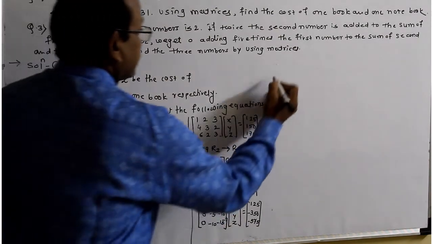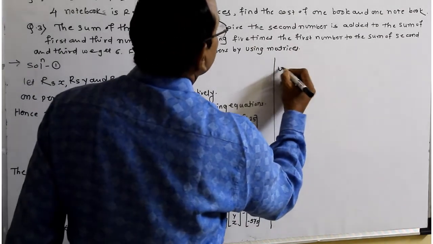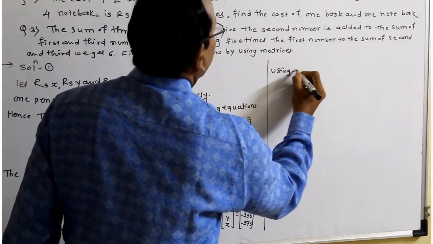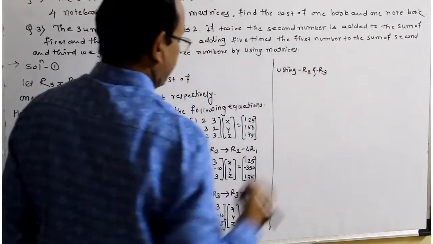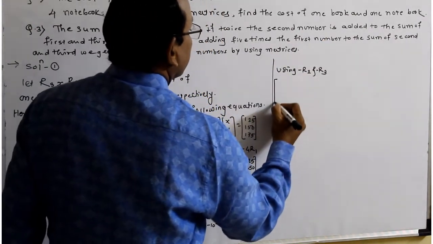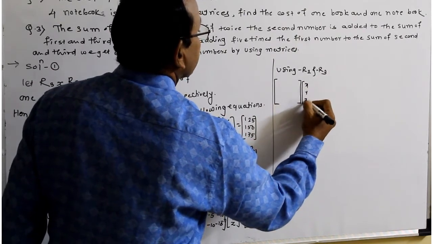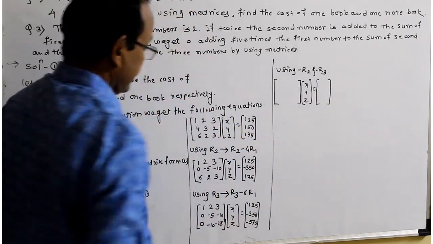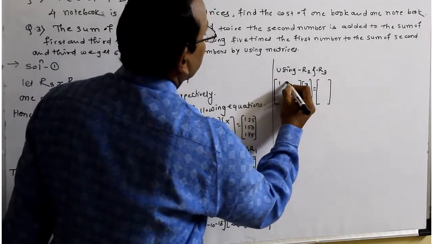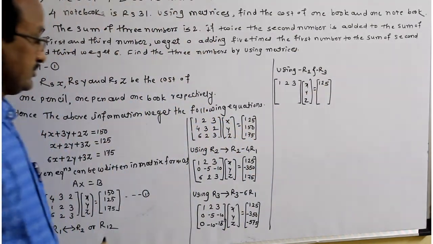Now using the next operation, minus R2 and minus R3, x y z is equal to the matrix 1 2 3, 125.